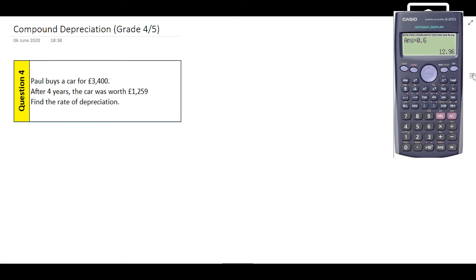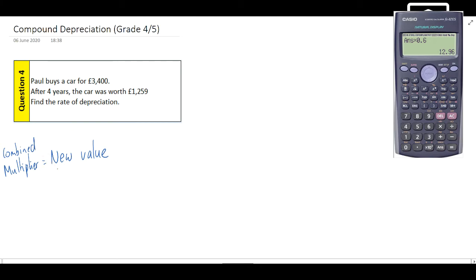The first thing you want to do is work out the multiplier to get between those two numbers. Actually, I'm going to call this the combined multiplier.